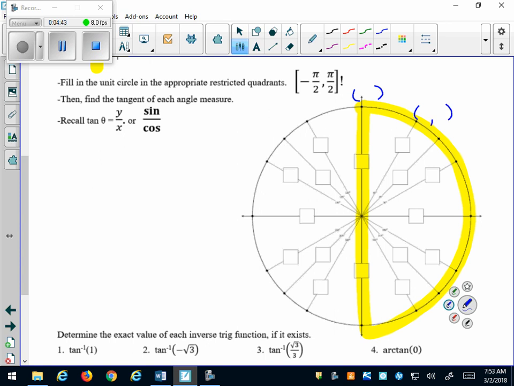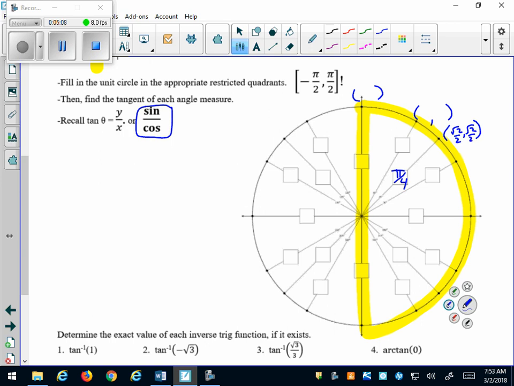And then the next step is to find the tangent at every ordered pair. So remember, tangent is sine over cosine. So for example, this is pi over 4. The ordered pair is going to be root 2 over 2, comma, root 2 over 2.